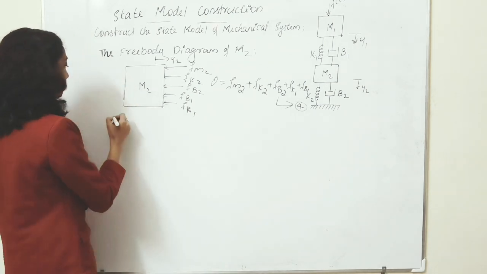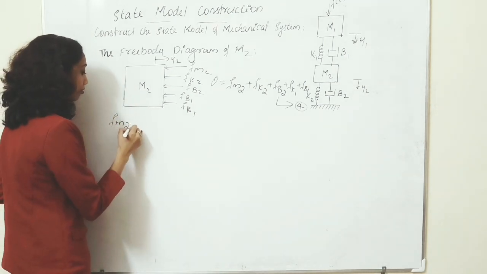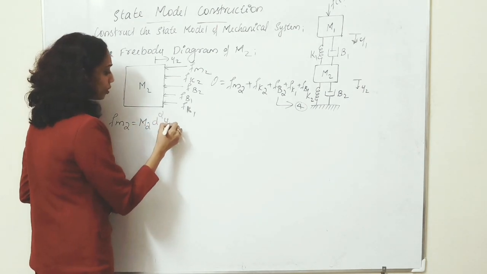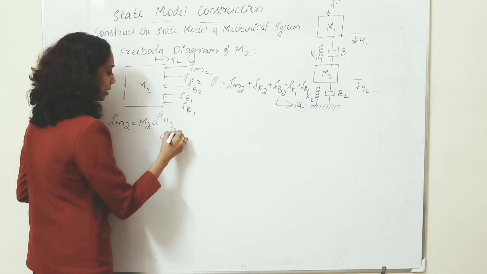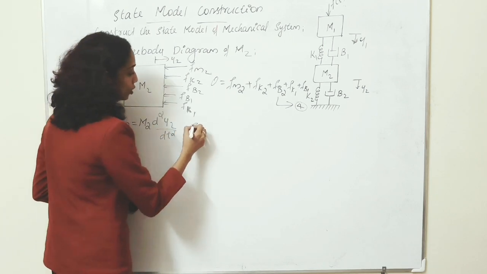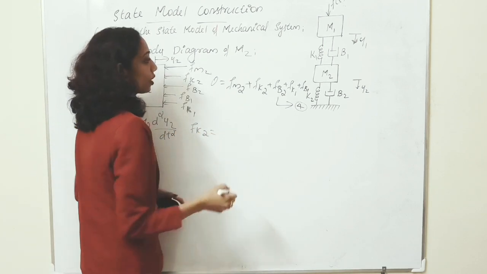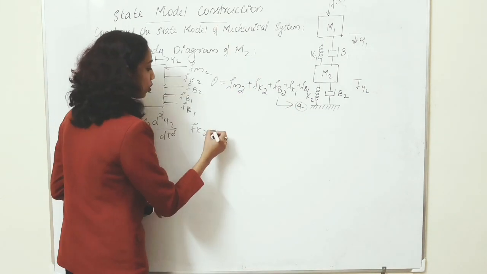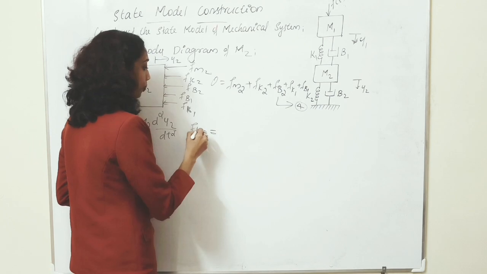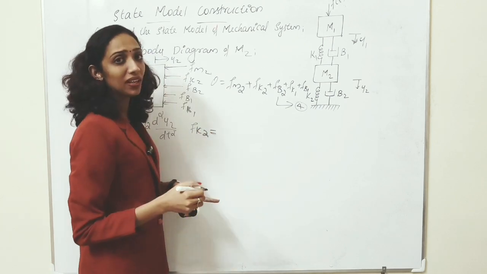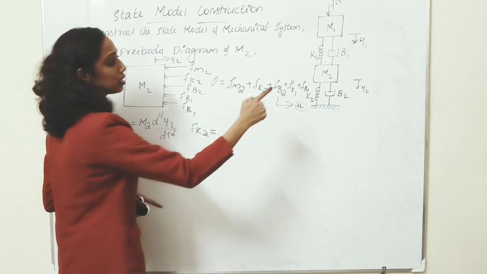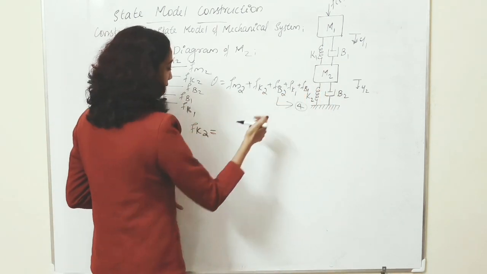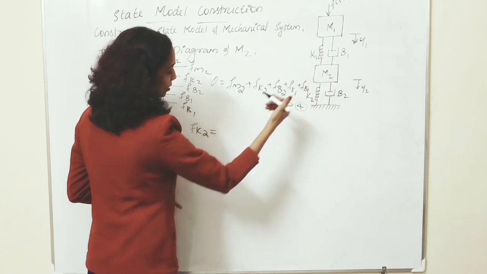Then we can assign equations: FM2 is equal to M2 into d square y2 by dt square, and for FK2, check K2. K2 is connected to the reference point. The opposing force due to the spring component is directly proportional to the displacement, the single displacement. The displacement of K2 is y2.